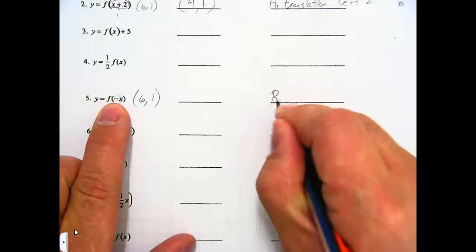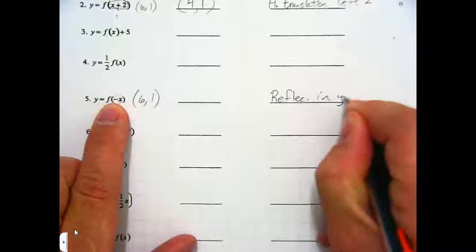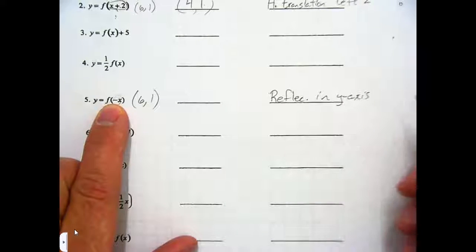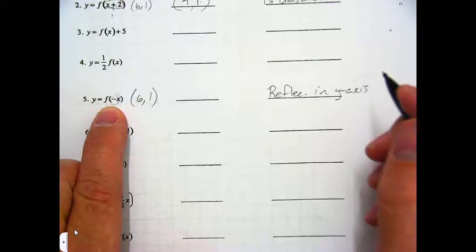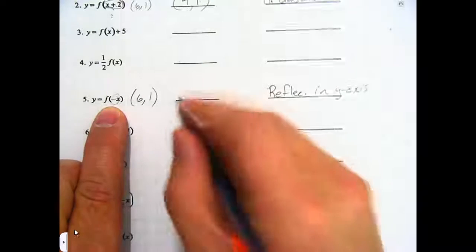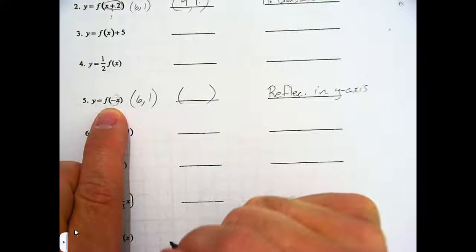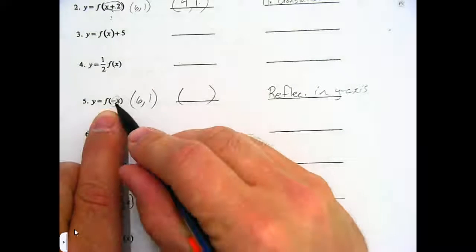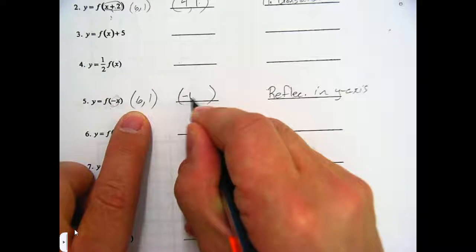This is a reflection in the y-axis. Okay? Is it changing our input or output value? Input. So which one, x or y? It's changing our x. It's taking the opposite of x. What's the opposite of 6? Negative 6.